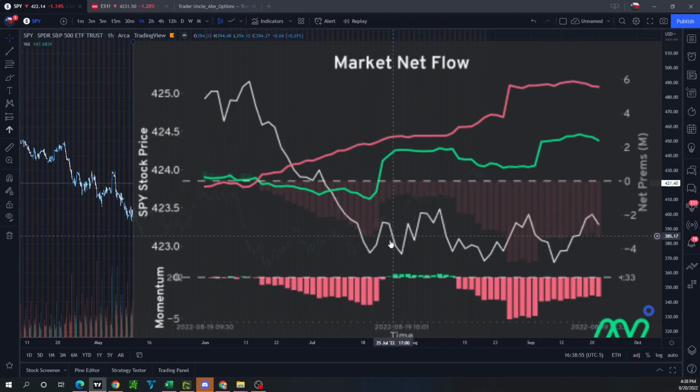And look at the price action down here on this white line. You had a lot more defined move whenever the puts were higher than the zero moving up and the calls were lower than the zero moving down. The minute the calls started going up, look at the price action overall on SPY.